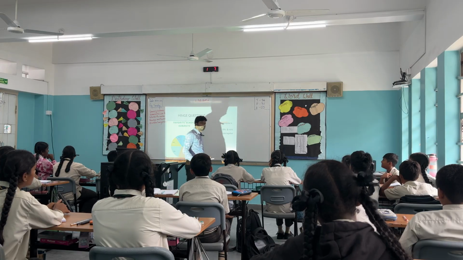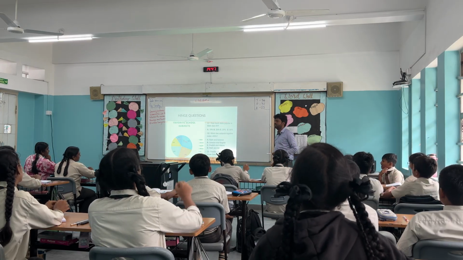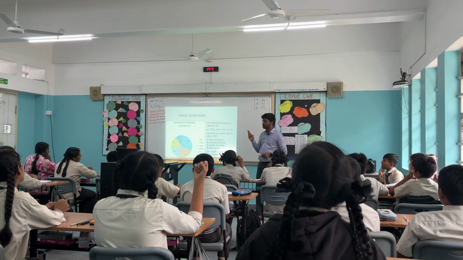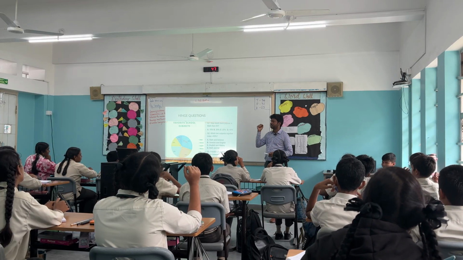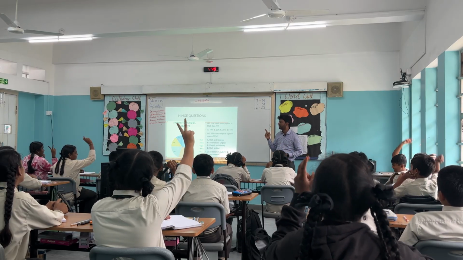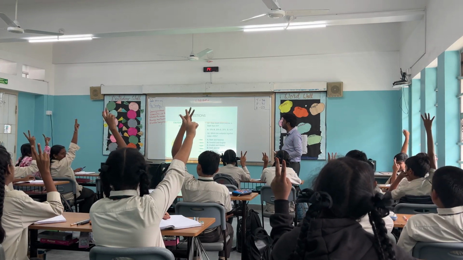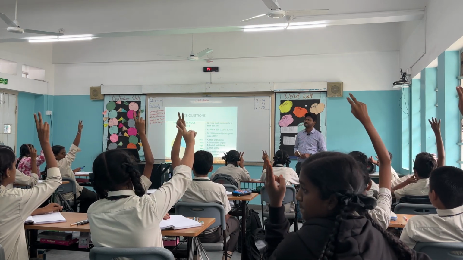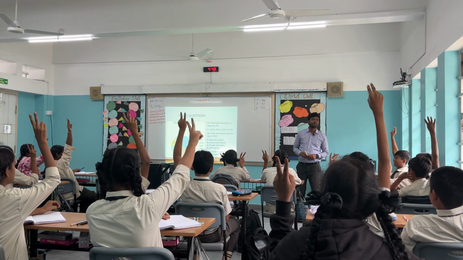Okay, ready? So once I say 3, 2, 1, you people should start answering. Then 3, 2, 1. For the first question, how much more popular is math than art? No change of answer.